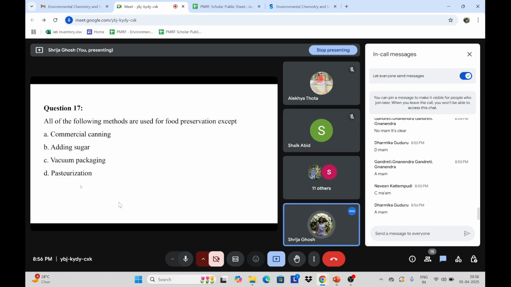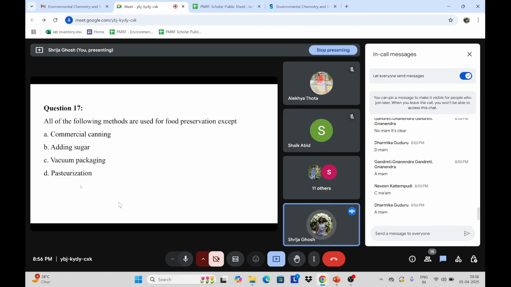Adding salt can actually prevent microbial growth and it can help in preserving food. But addition of sugar can only improve the texture of the food, color of the food, but it cannot preserve the food from microbial growth because microbes can easily eat the sugar and grow happily. Commercial canning is a process of food preservation.